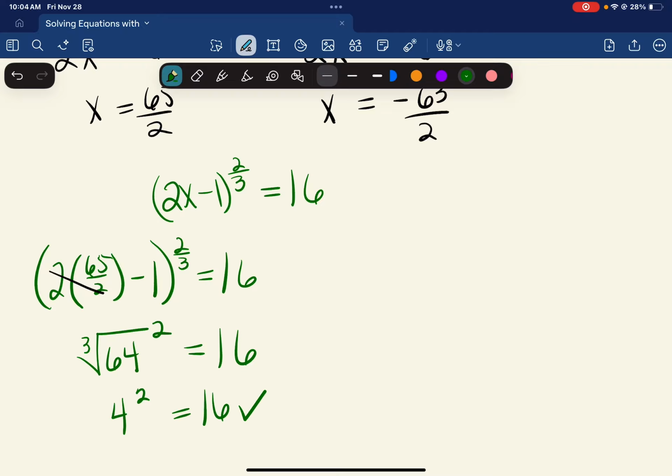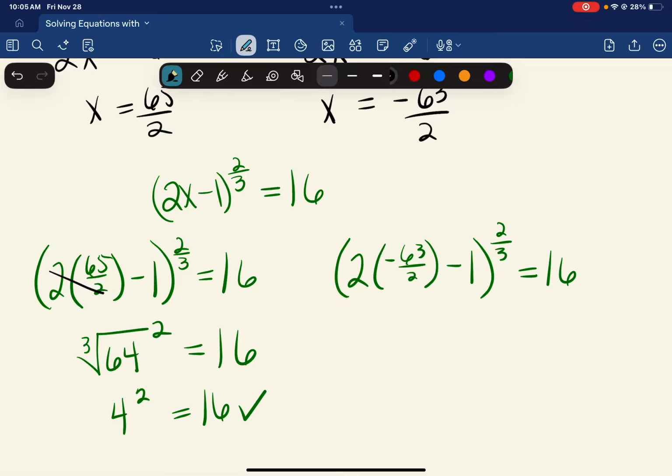All right, so let's check our second solution. We have 2 times negative 63 halves minus 1 to the 2/3 power should equal 16. All right, again, we have 2 times negative 63 over 2. Those 2's reduce. Negative 63 minus 1 is a negative 64.